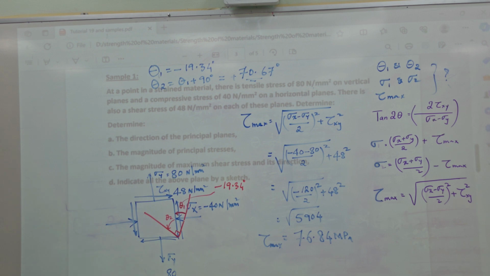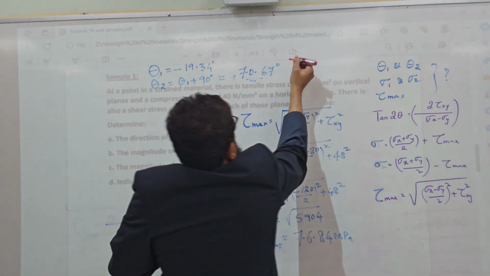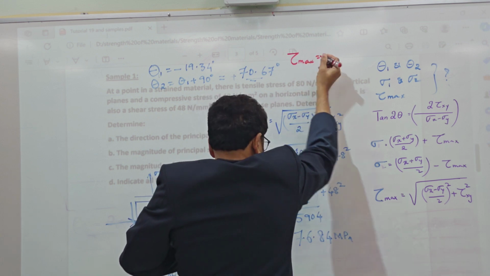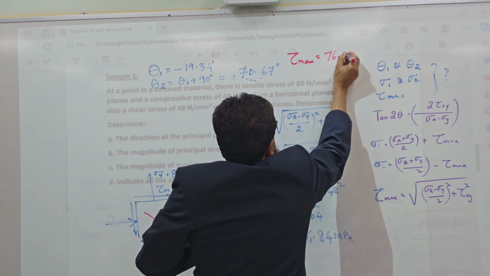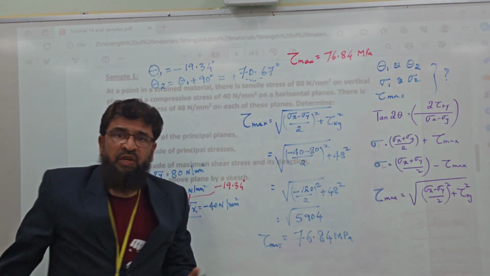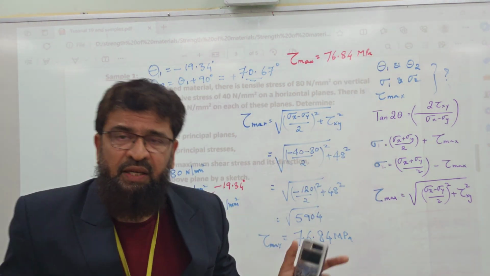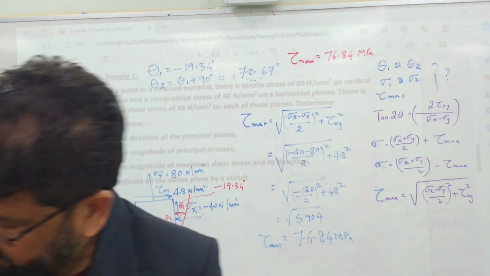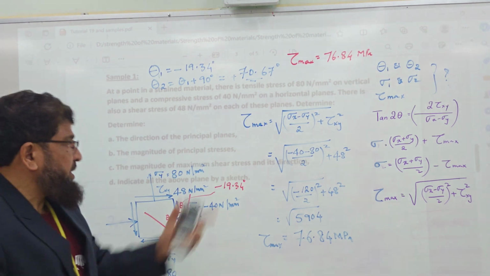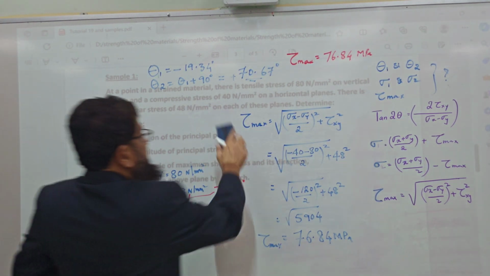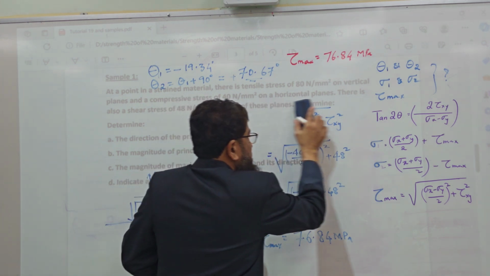Let me just write it on the top over here. Tau max is 76.84 megapascal. After this, what is the next job? Now the next job is very easy, that is, find out sigma 1 and sigma 2. Let me delete this so that it will be easy for me to find sigma 1 and sigma 2.